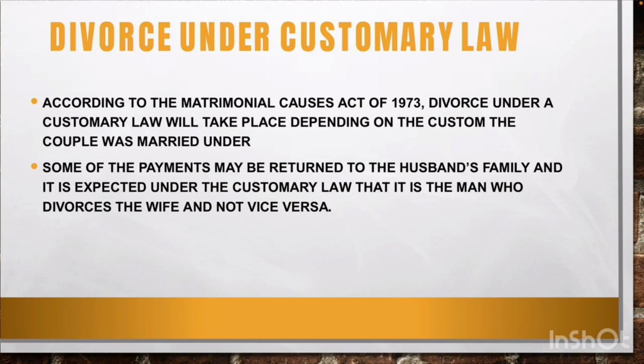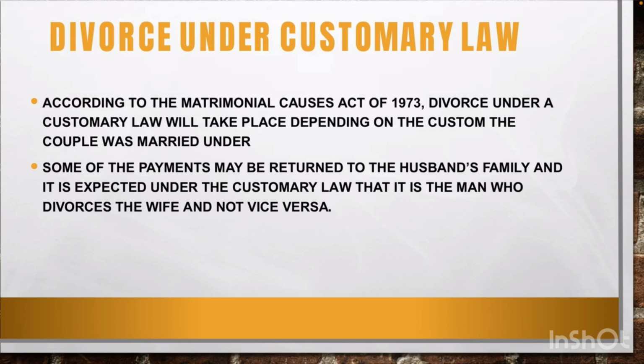As we learned in the previous video, we have two types of marriages: customary marriage and civil marriage. So we are going to look at divorce under customary marriage or customary law, and divorce under statutory law or marriage. According to the Matrimonial Causes Act of 1973, divorce under a customary law will take place depending on the custom the couple was married under.